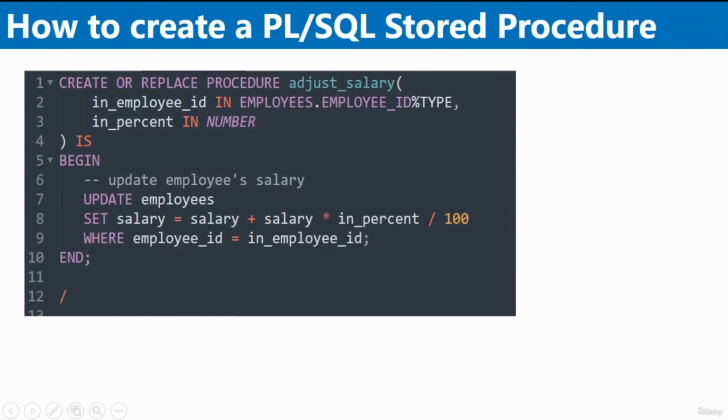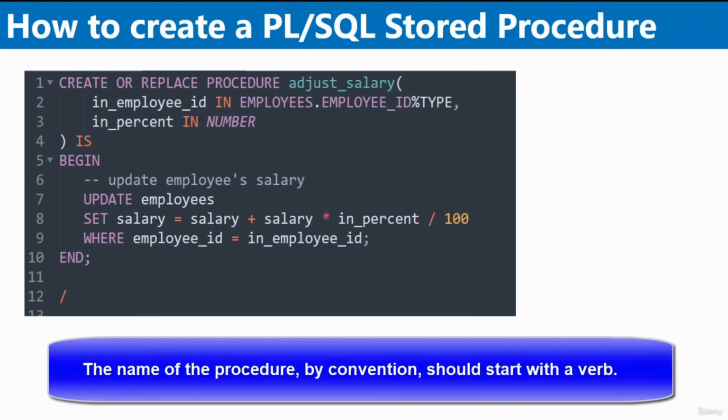I'm going to create a stored procedure using the code displayed on the screen. So let me explain the stored procedure. The stored procedure I'm going to create is going to be called adjust_salary, and this procedure is going to be used in the sample HR database provided by Oracle.